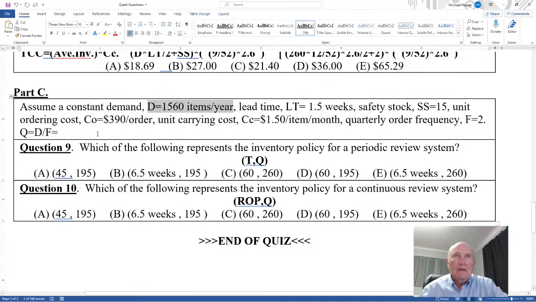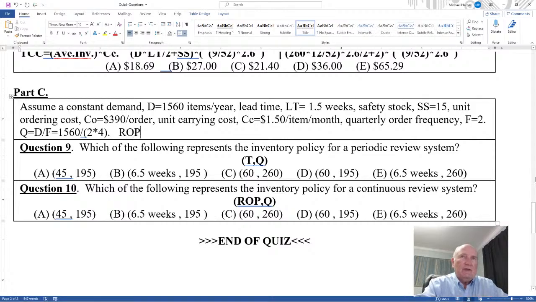So our Q will be our demand rate per year, which is 1560, divided by the order frequency per year. Well, if we order 2 every quarter, and there's 4 quarters, then there's going to be 8 a year. Well, it'd be 2 times 4. Anyway, there we go. That's going to be the Q. Figure out what that is.